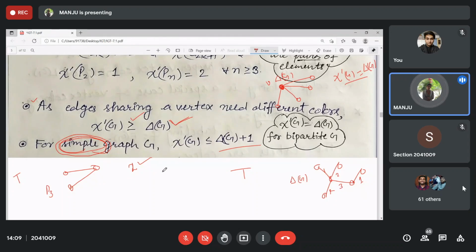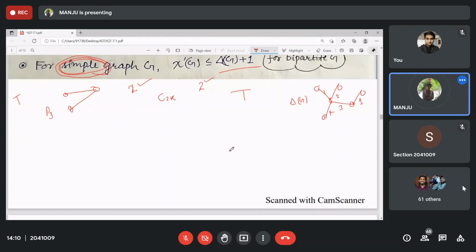And in case of Cn, C2k, an even cycle, what do you have? Maximum degree is 2, and chromatic index again 2, right? Alternately the same color, right?